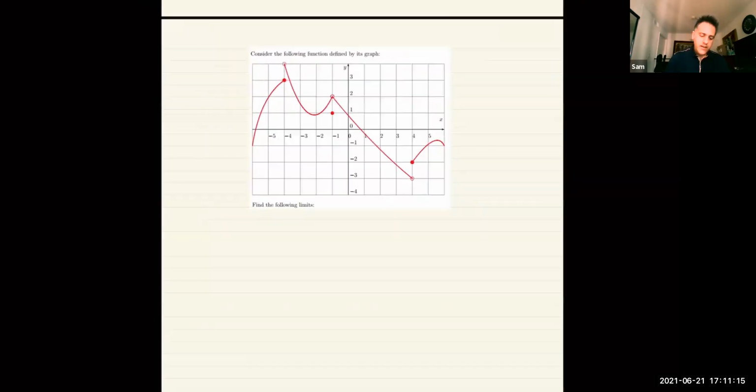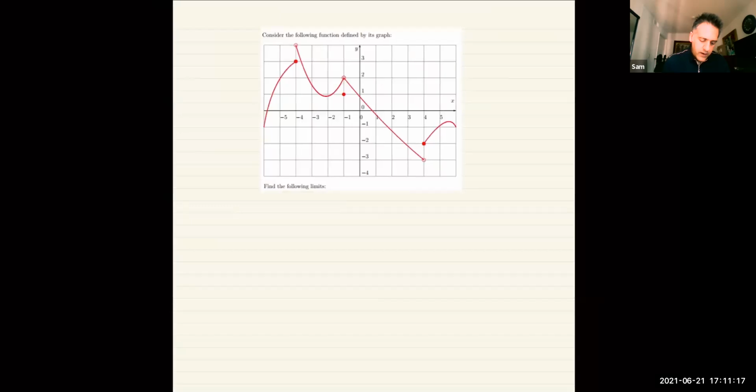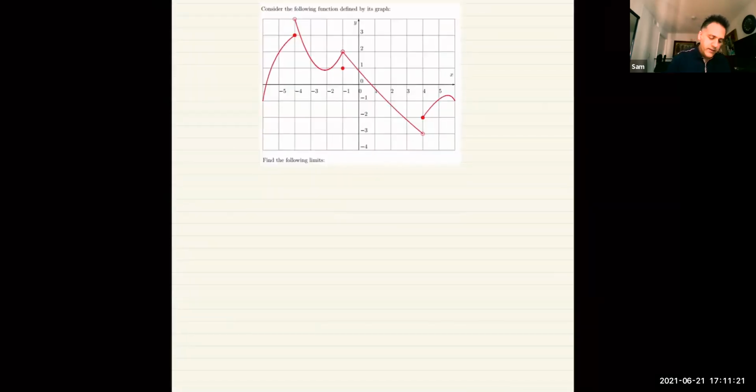All right. Let's go with -4, okay? And let's say this is some function f of x. I will write the question and I want answers from you guys. So limit as x goes to -4 from the left of the function.